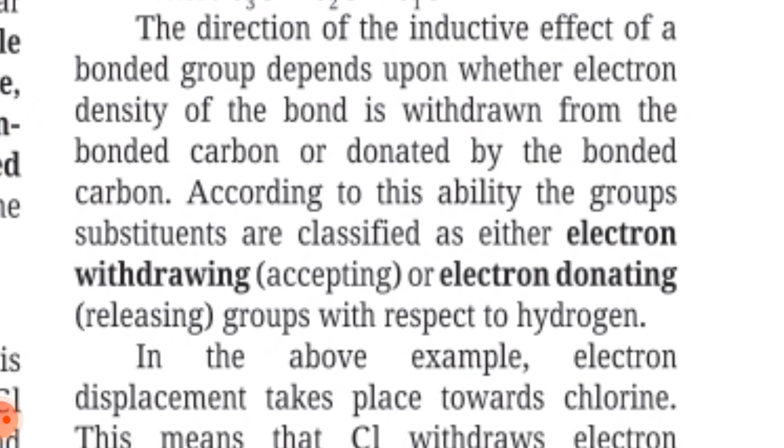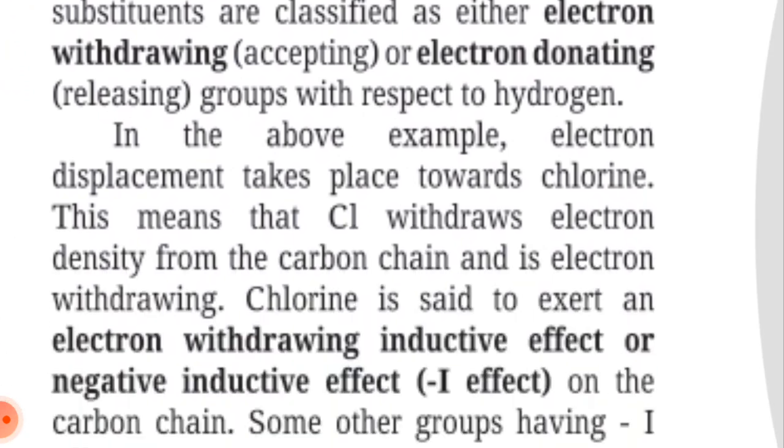The direction of the inductive effect of a bonded group depends upon whether the electron density of the bond is withdrawn from the bonded carbon or donated by the bonded carbon. According to this ability, the substituent groups are classified as either electron withdrawing (accepting) or electron donating (releasing) groups with respect to hydrogen.